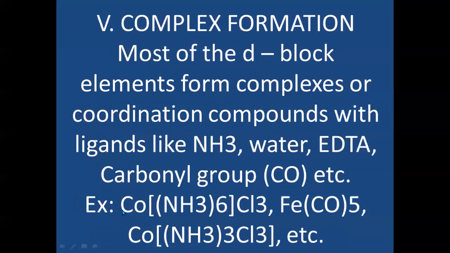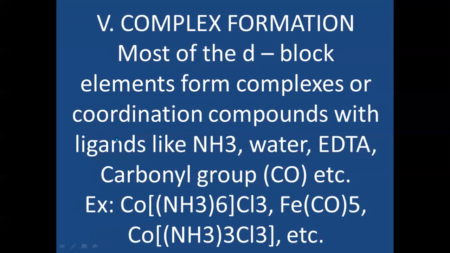So generally central metal ions are acids. Why? Because they are electron pair acceptors. And here ligands are bases because they donate a pair of electrons, and in doing so they form a coordination bond between them.